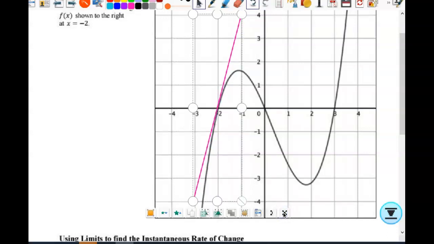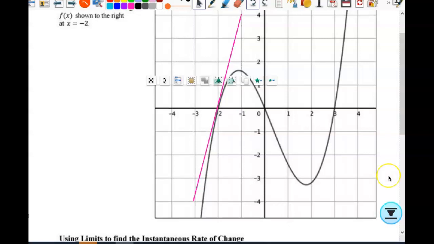Close enough, because when I let go, it moves. So it looks like, I tried, tangent at -2, okay? And it also looks like it goes through -1, 4, and -3, -4. Would you agree with that? Get yours kind of close to that?